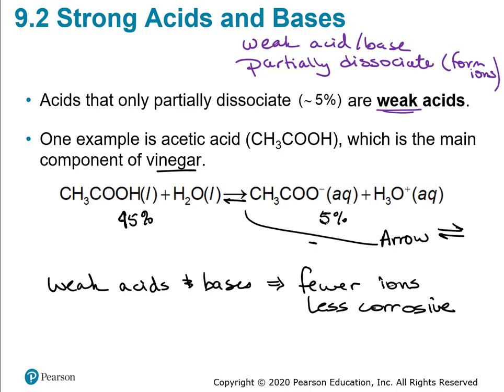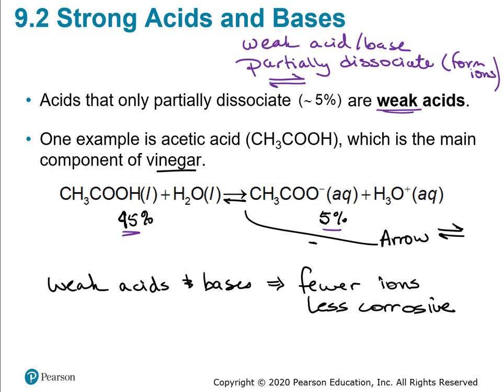So remember I said only 5% form ions, 95% remain as a whole molecule. This is also when you will always see the arrows going both directions. Right, so ways to pick it out: arrows going both directions show you it's a weak electrolyte, a weak acid or base.